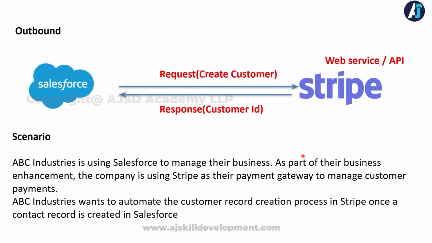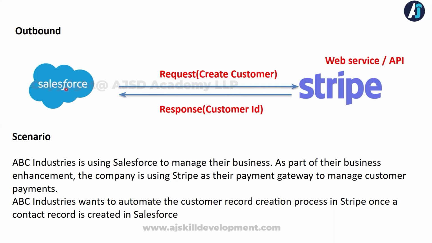To do that, first we need to manage the customer information in Stripe. So ABC Industries wanted to automate this process. Their request is, whenever a contact record is created in Salesforce, the customer information should be created in Stripe also, rather than going into Stripe and manually creating the customer information.